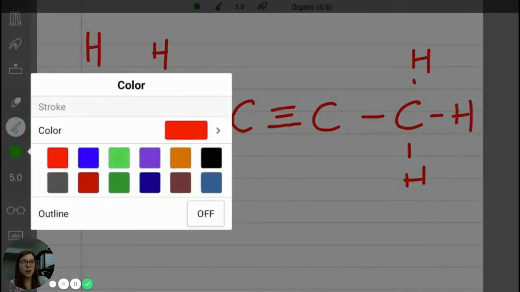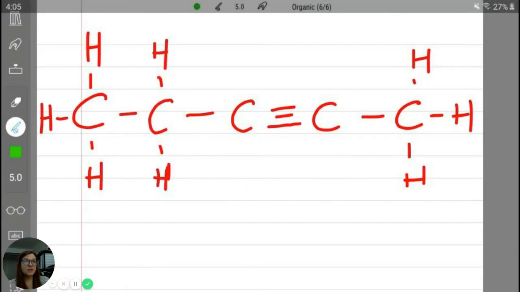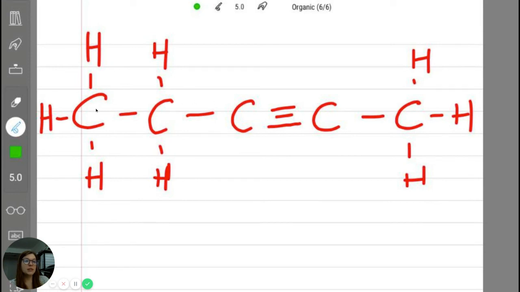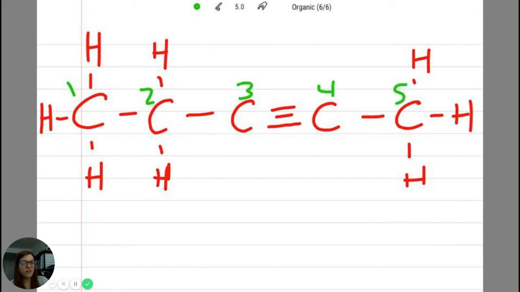So if you need more time, pause it here. If I look at this molecule, this has 1, 2, 3, 4, 5 carbons in total. For a fact, I know that there is going to be pent inside this name. I'm going to number it both forwards and backwards.